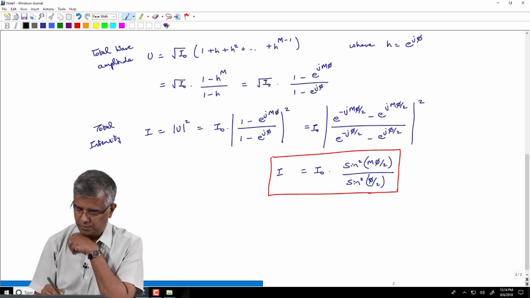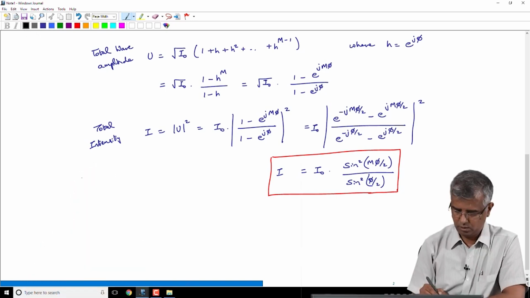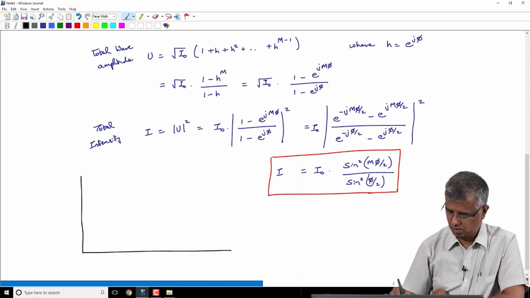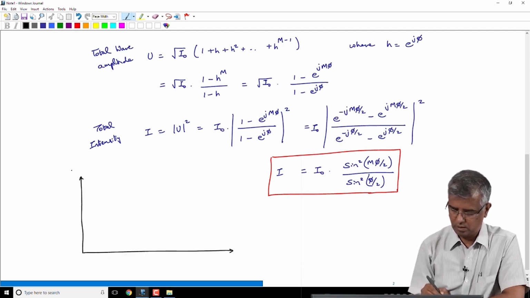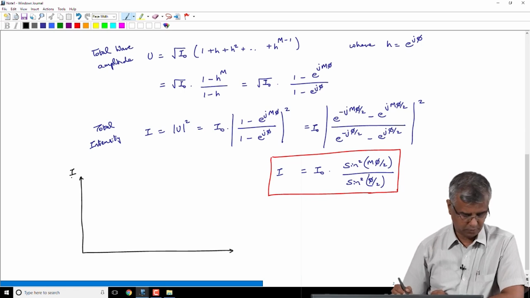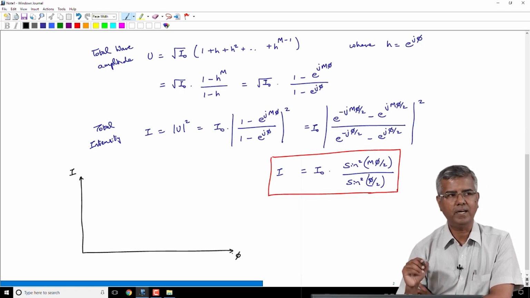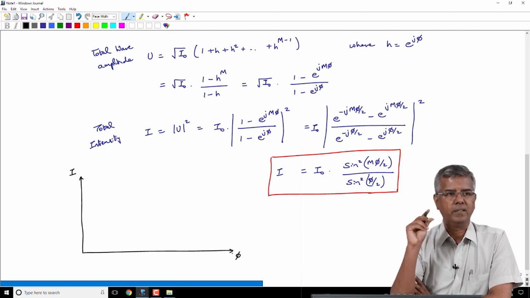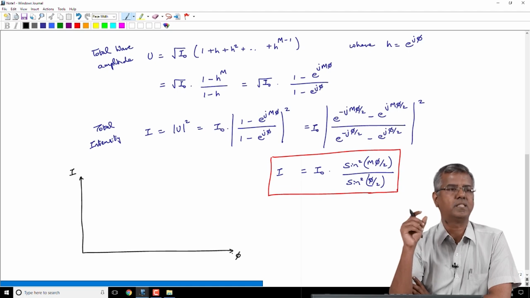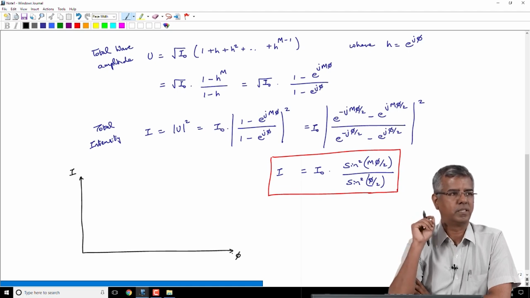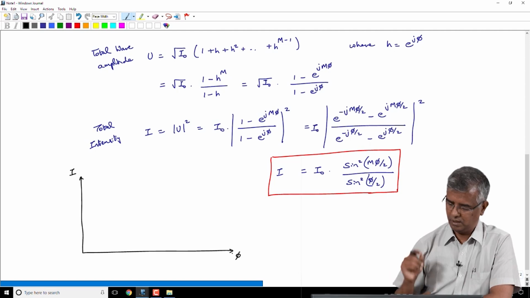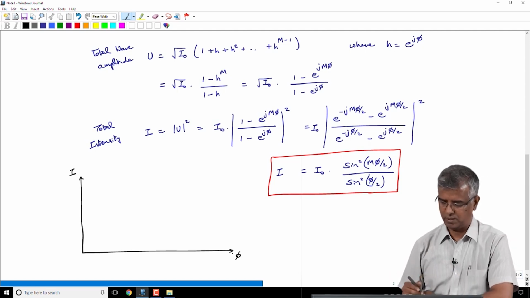So, let me plot I as a function of phi. What is phi here? Phi represents the phase difference between the wavelets created by successive slits.